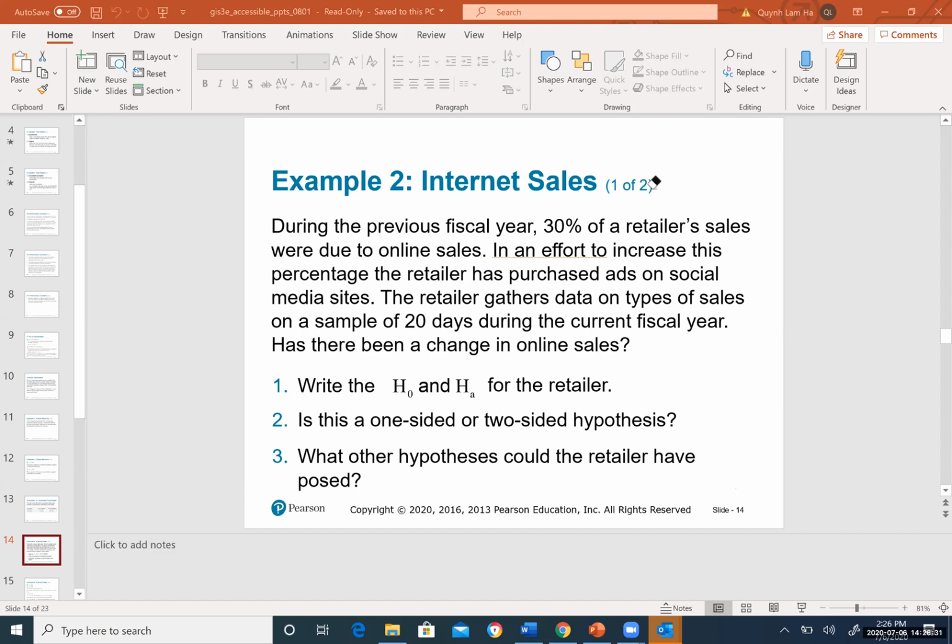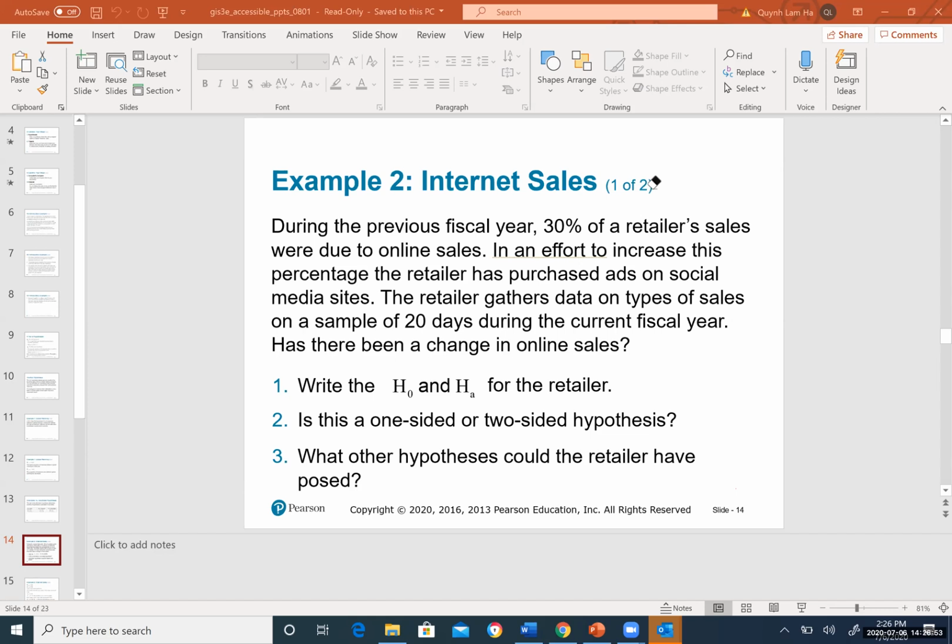And some keywords right here: I see the word increase this percentage, so they purchased ads on social media, right? So with the keyword increase in mind, I think that's the right tail area, so I will place the p-value on my right side.